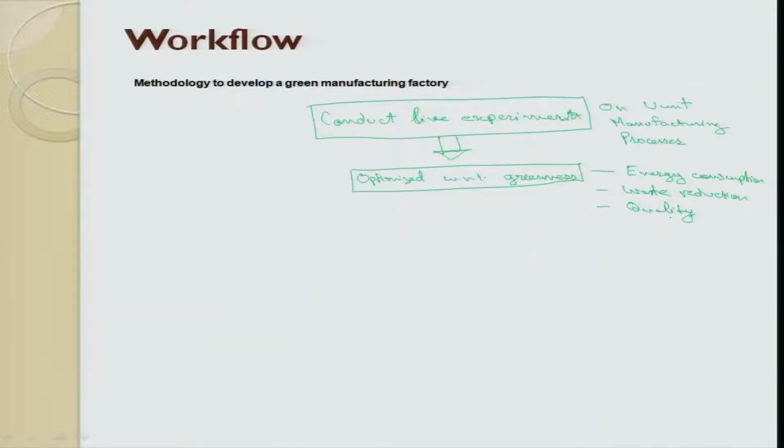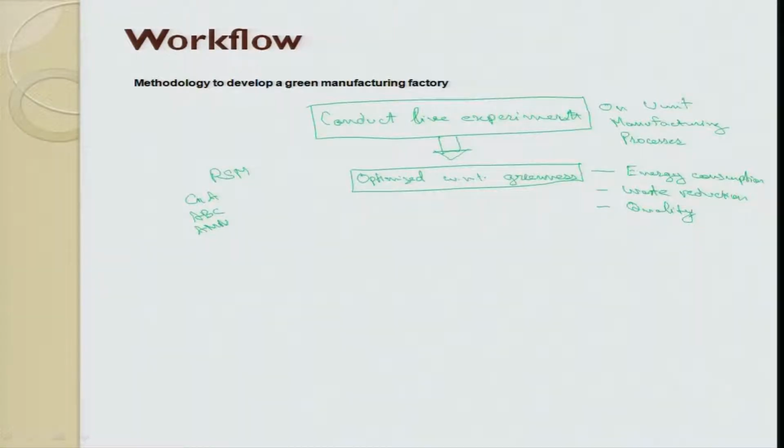And this optimization might be done with certain tools like response surface methodology, and we have multiple objective optimizations. Then we can even use certain algorithms, genetic algorithm. Then we have ABC, artificial bee colony algorithm, then ANN, numerous techniques available, right? Anything we can use. Now once we have obtained the optimum settings, then we have to obviously validate.